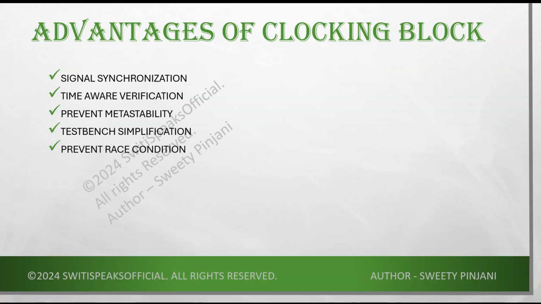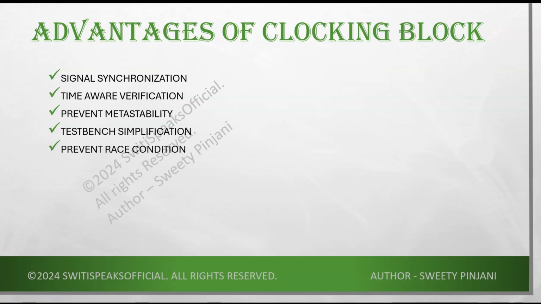If you use clock edge directly in your sequential block without using the clocking block, then it can cause race conditions. But in the clocking block, this clock edge is taken as an event. Remember, the clocking edge is an event in clocking block.